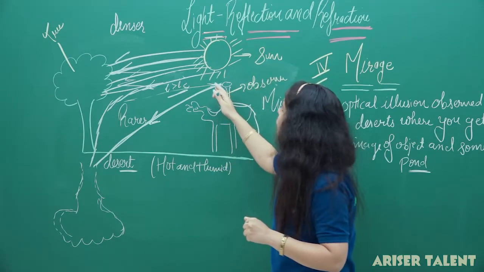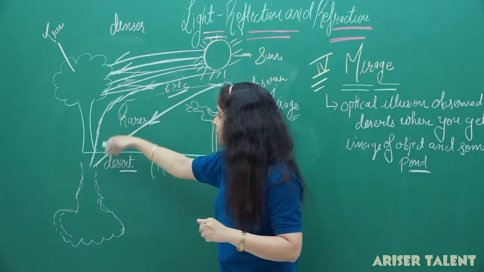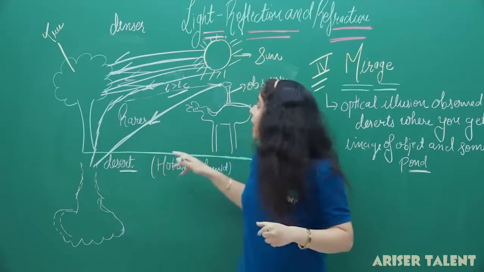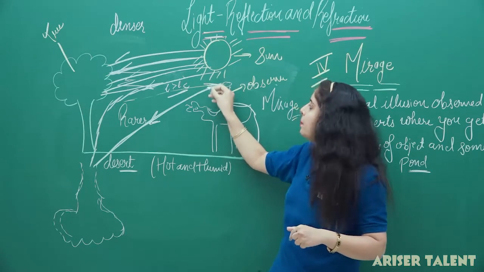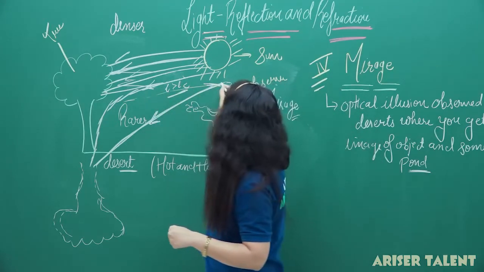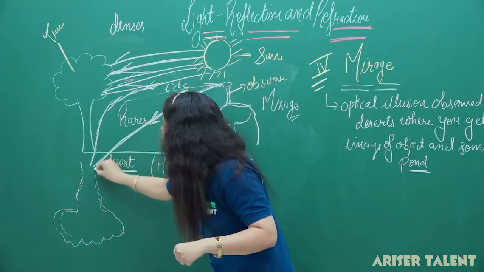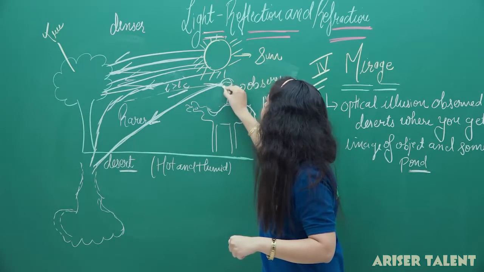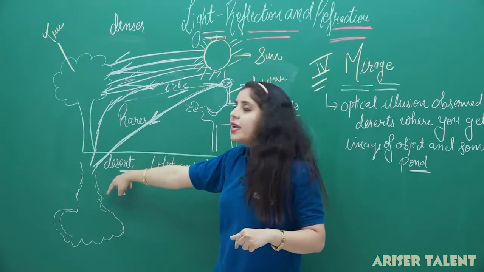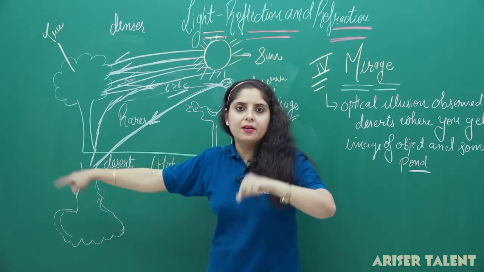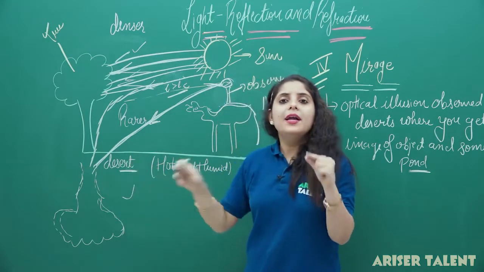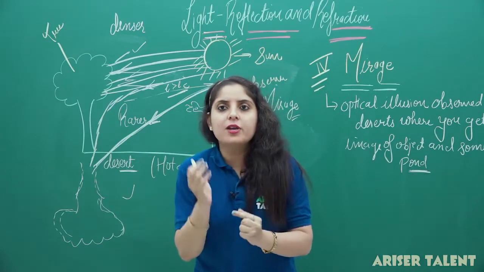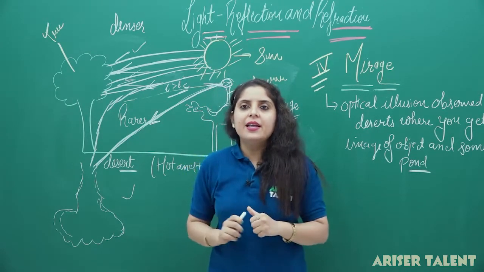The observer is able to see only straight objects, so he will not see this object; instead he sees the image here. He is able to see this tree and this tree also. It is actually an optical illusion generally observed in the desert.